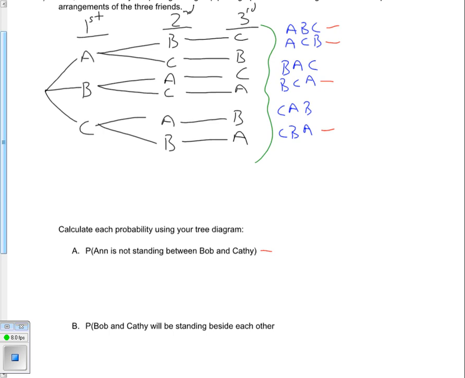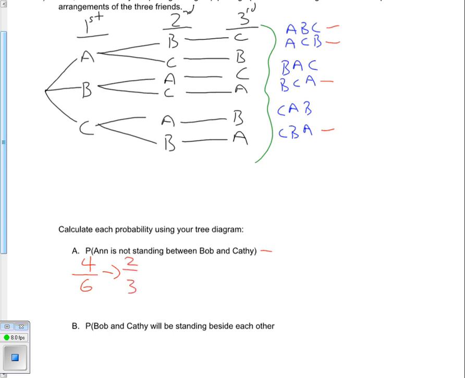We know that there's 6 total possibilities, so we've got 4 out of 6 cases where we have Anne not in the middle. Let's reduce this to a fraction in lowest terms. Both 4 and 6 are divisible by 2, so we divide both the top and the bottom numbers by 2.